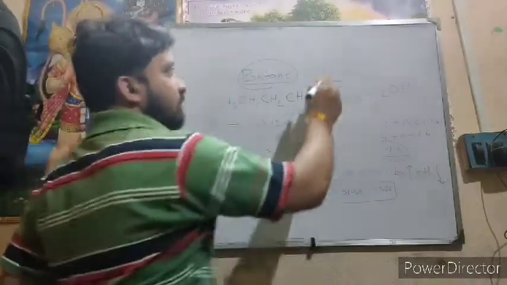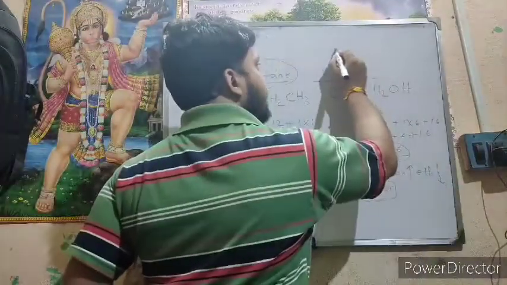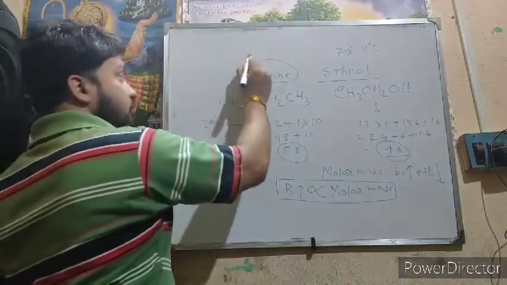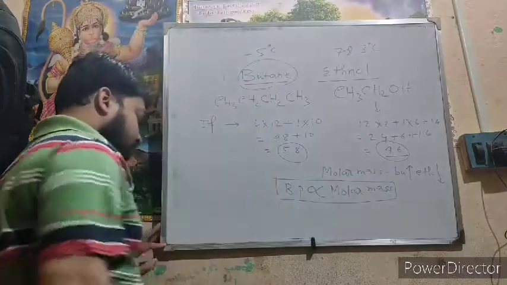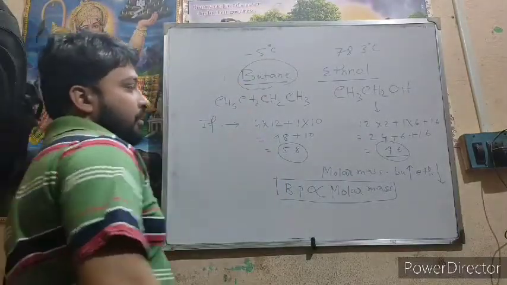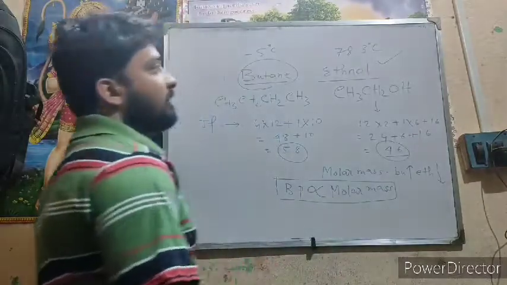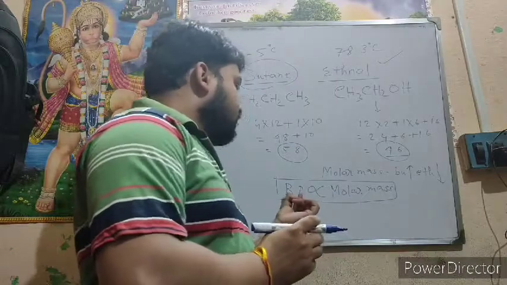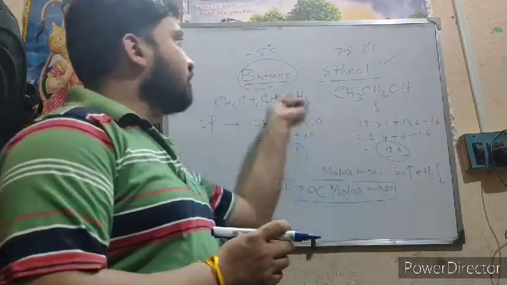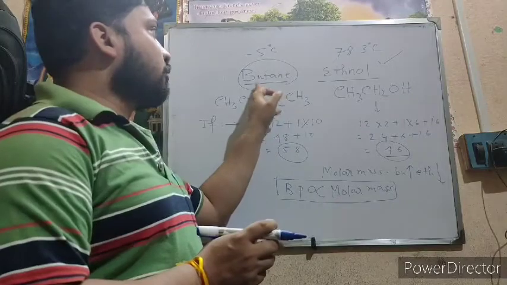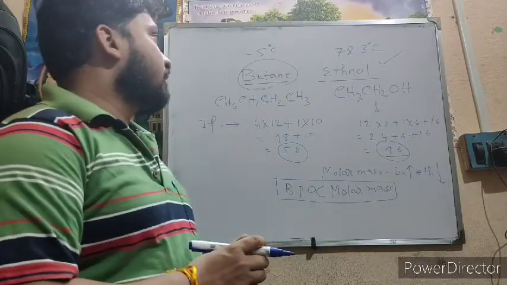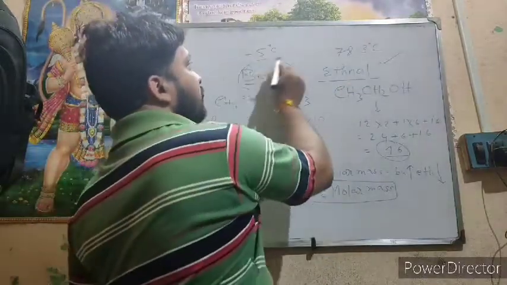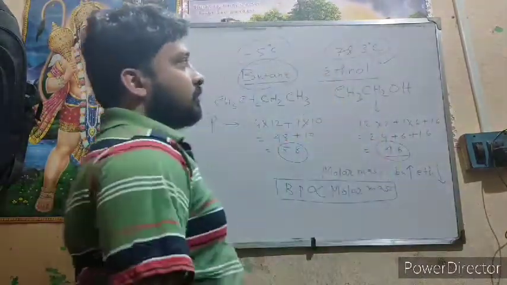But if we see the data, ethanol is 78.3 degrees centigrade and butane is near about minus 5 degrees centigrade. So the boiling point of ethanol is higher. Butane should have had the higher boiling point, but the data does not say so.